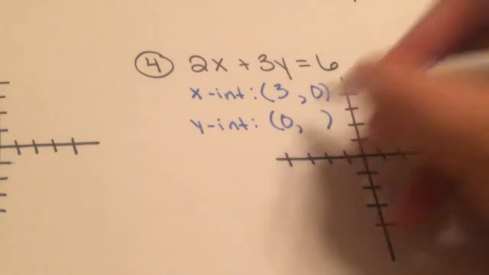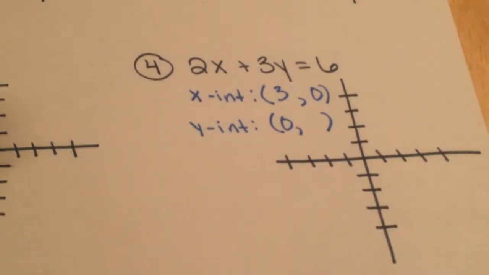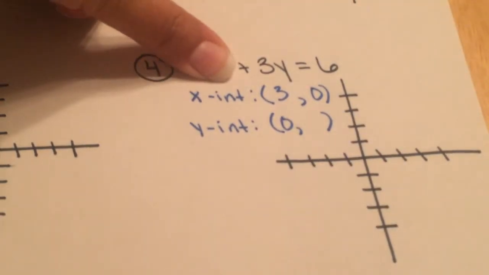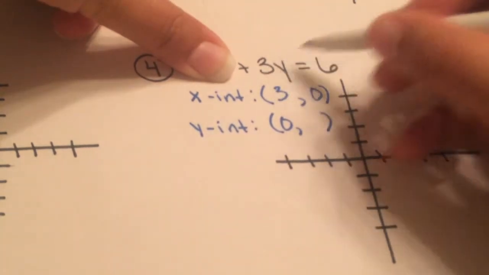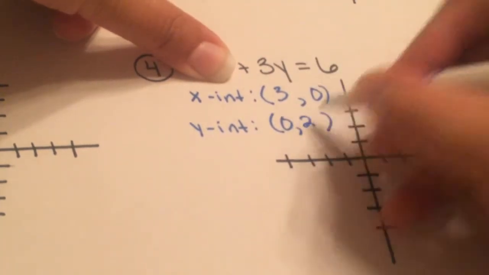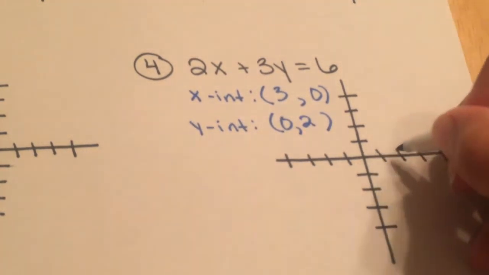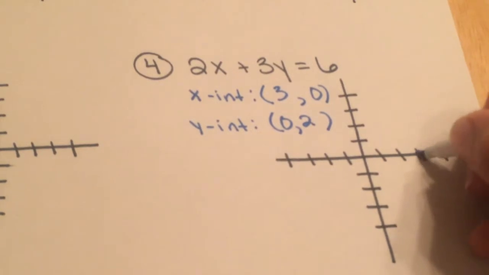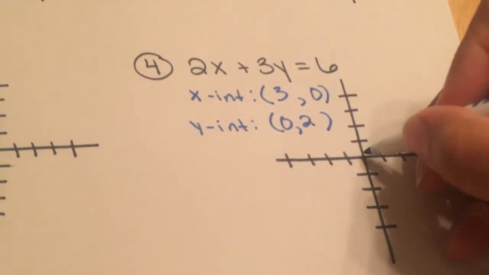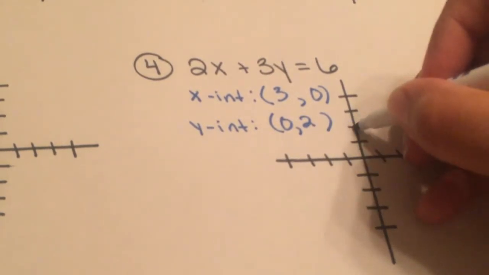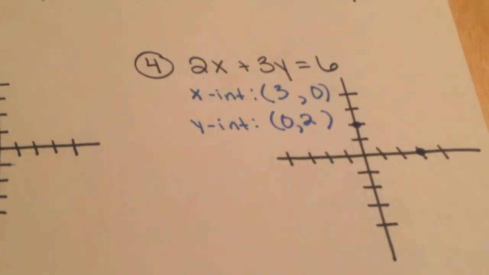And for our y-intercept, I'm going to cover up my x term, and 3 times what equals 6? So now that we have our intercepts, all we need to do is graph these. So 3, 0, and 0, 2. And we're going to make that line.